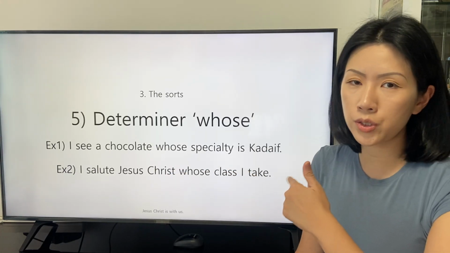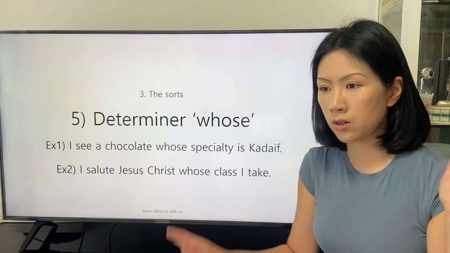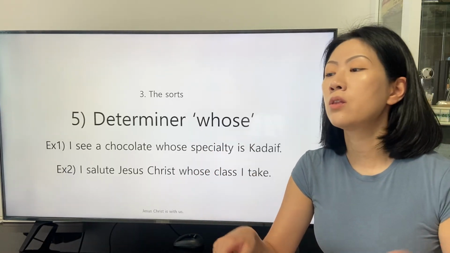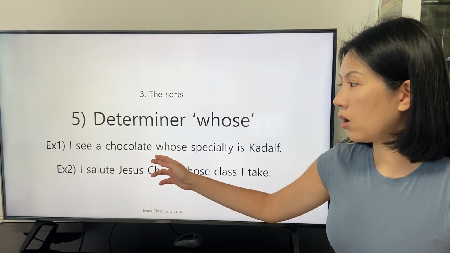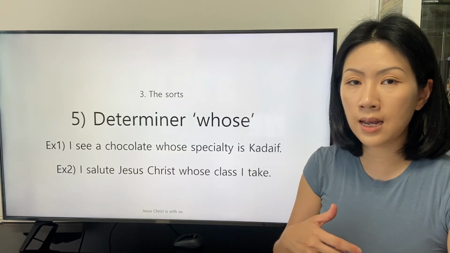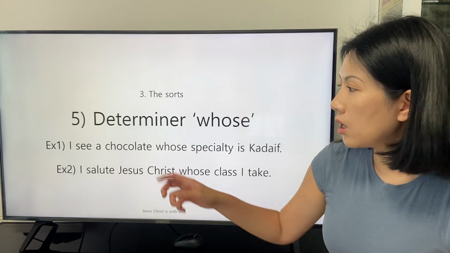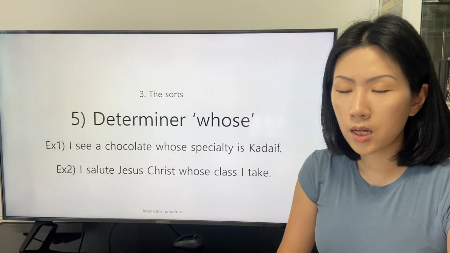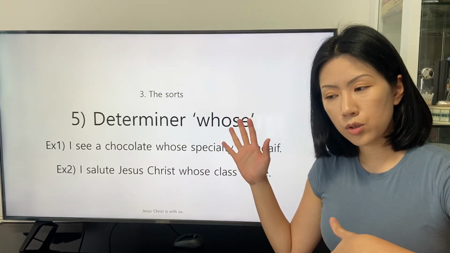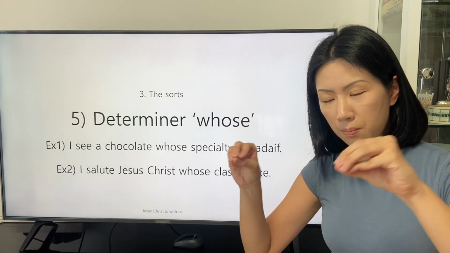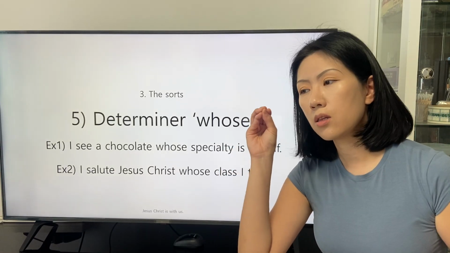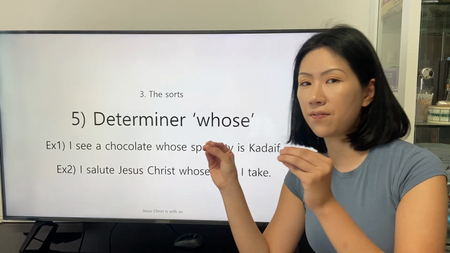The determiner whose can be applied in the defining way or in the non-defining way. In this sentence, the speaker didn't use a comma, which would reveal the non-defining way.